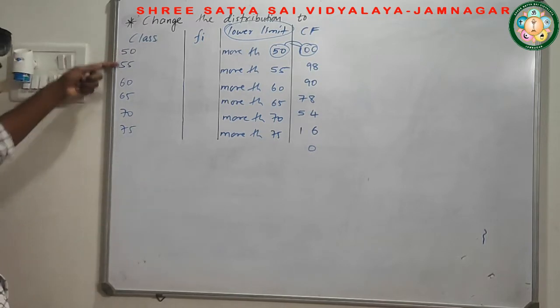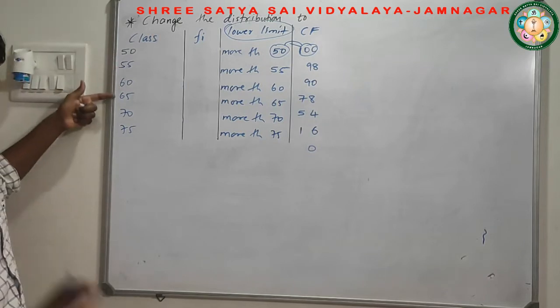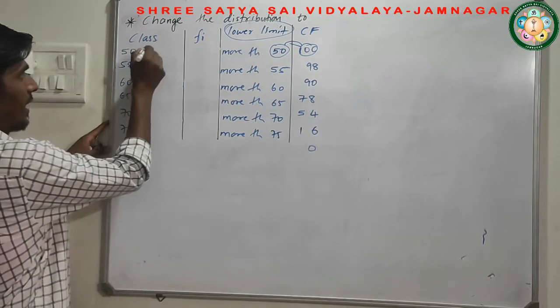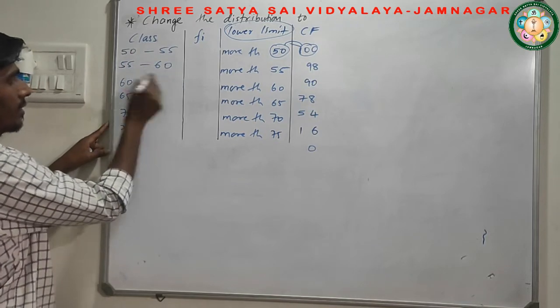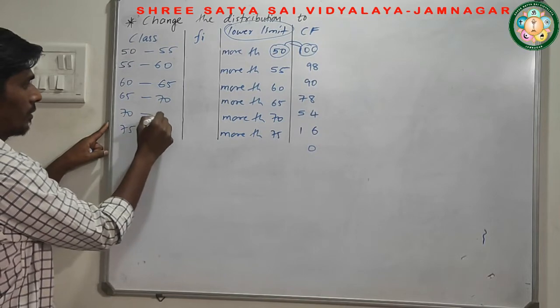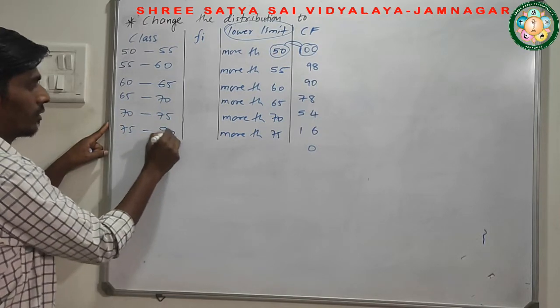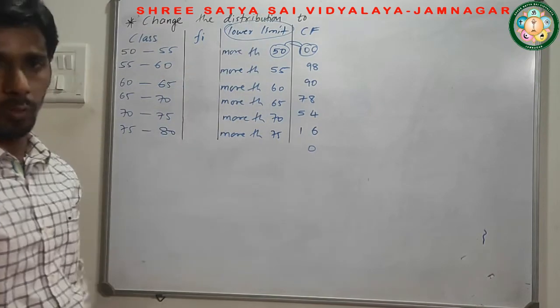If you look at all these numbers, what is the class length here? 50, 55, 60 is 5, so just add 5 here. So this will be 55, 60, 60 plus 5 is 65, 70, 75, and 80. So this is the way we got the classes from the given lower limits.